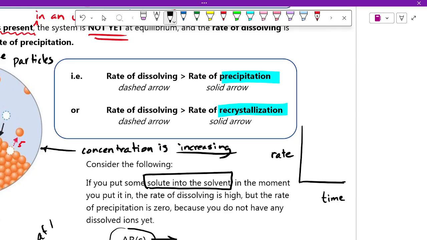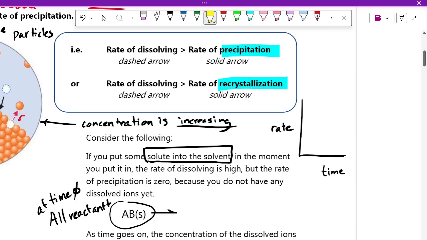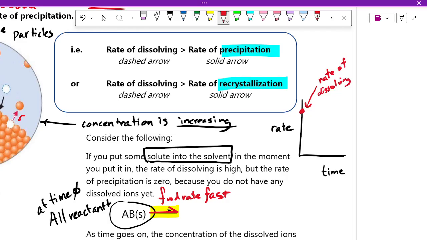At time 0, we have all reactant, so the forward rate is fast. Our rate of dissolving is high.